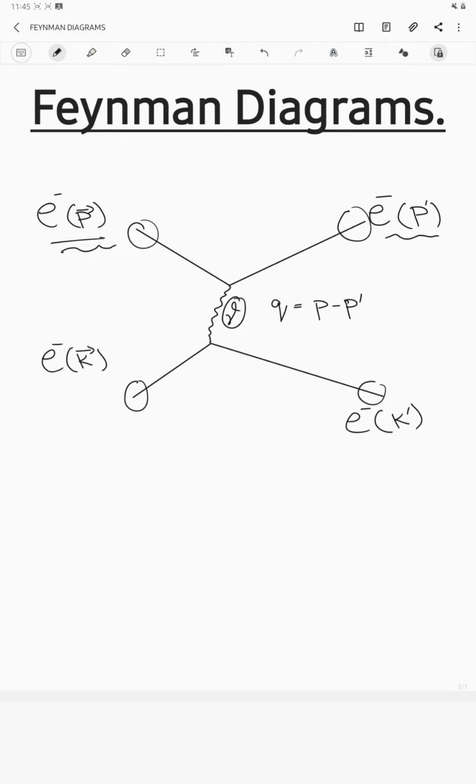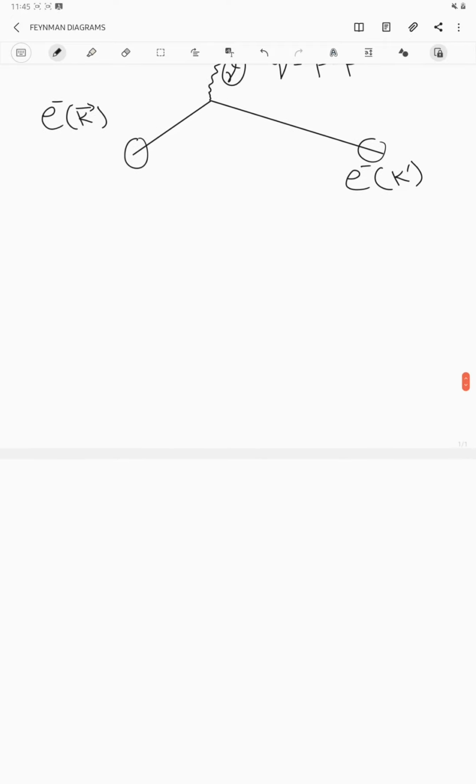Maybe something else happened, which could be depicted with a Feynman diagram that looks a bit like this, where you have these two electrons coming in and the virtual particle, which is a photon, was emitted and turned into a particle and antiparticle pair, and then again turned into a photon, right?